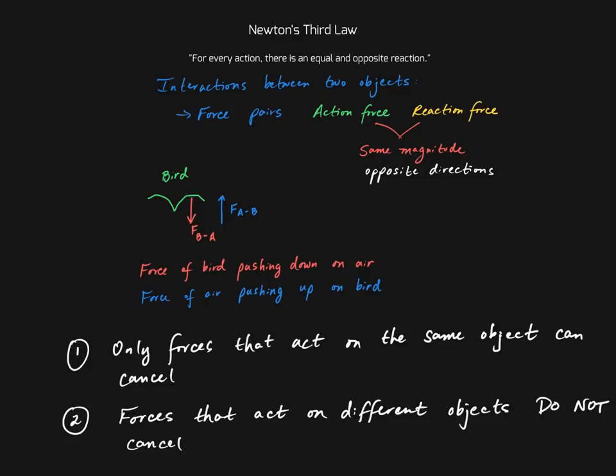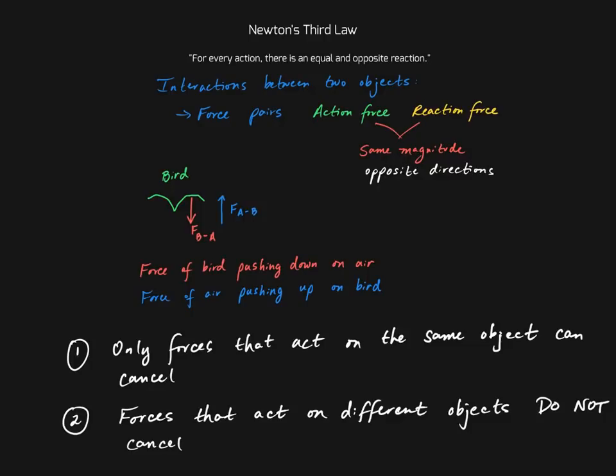So in summary, with these two rules, only forces that act on the same object can cancel, because they are only affecting the motion of that one object. However, forces that act on different objects do not cancel because they affect the motion of two different objects. We're not just looking at one object anymore. We're looking at how those force pairs impact the motion of two objects.